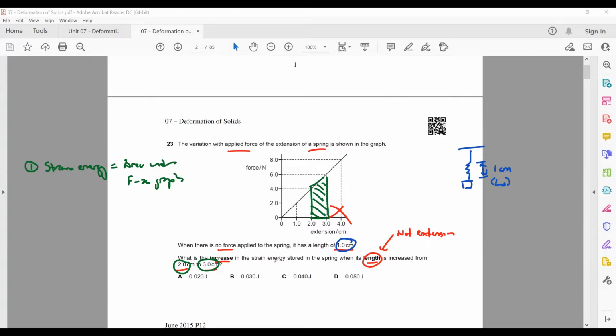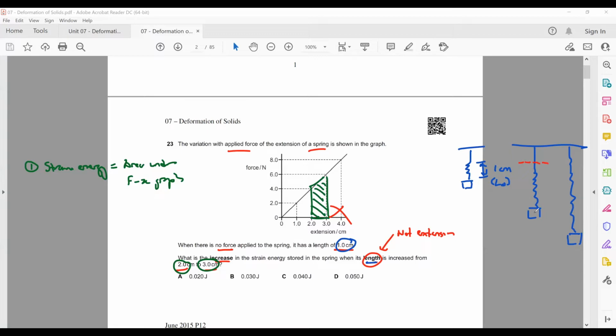But right now they say that your spring has its length increased from 2 centimeter to 3 centimeter. What it's saying here is that right now you're getting something like this instead.